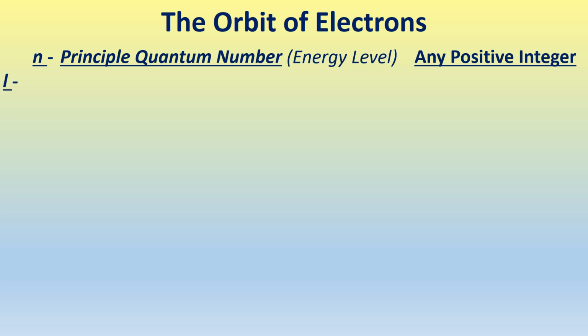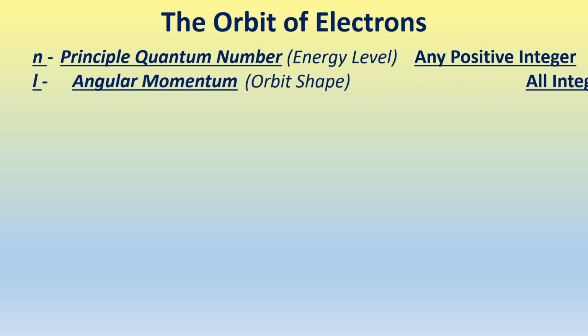Your second quantum number, L, gives that motion. It gives the angular momentum and the shape of the orbit. L can have any integer value from 0 to n minus 1, and as the angular momentum has to balance the potential energy, you'll notice the value of L depends on the value of n.